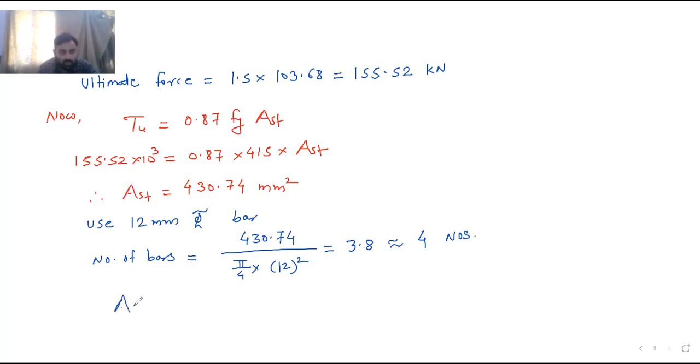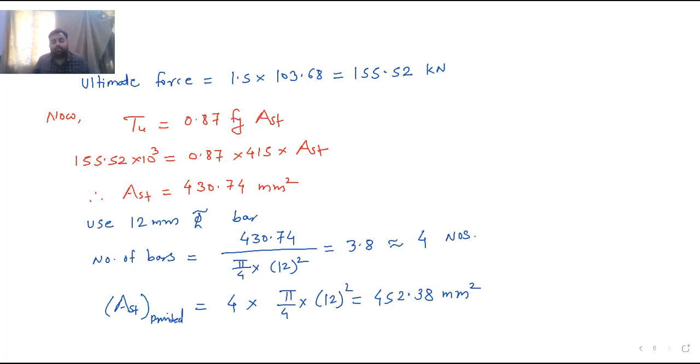Now AST provided. Calculate the AST provided. So what we are going to provide? We are going to provide 4 bars and each of bar diameter 12. So here the AST provided is 452.38 mm square. Now calculate the spacing.